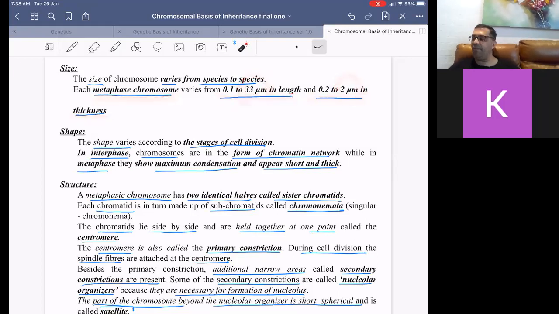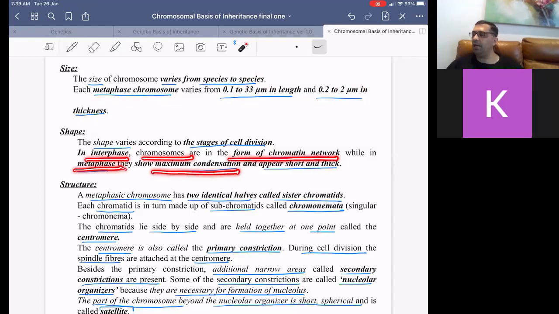The shape varies according to the stages of cell division. In interphase, chromosomes are in the form of chromatin network, so they are diffused. While in the metaphase, they show maximum condensation and appear short and thick.